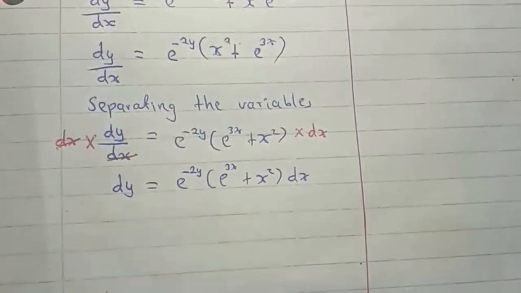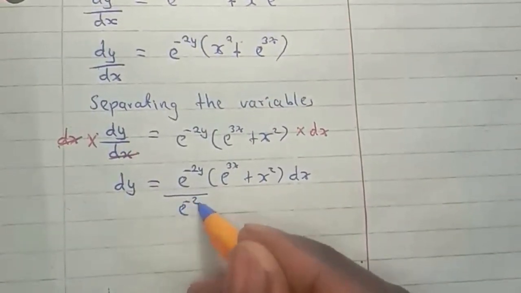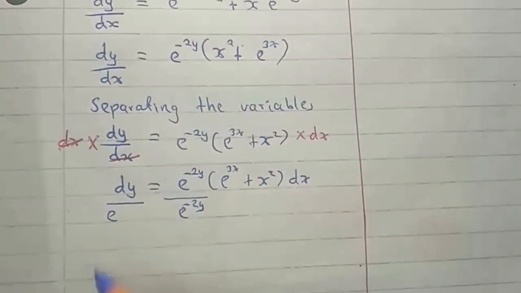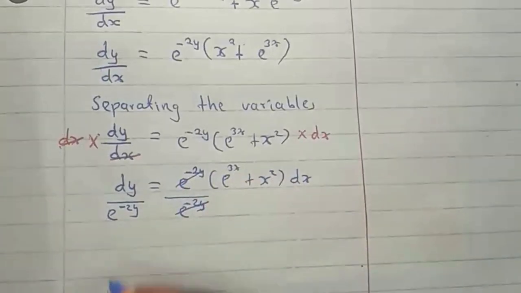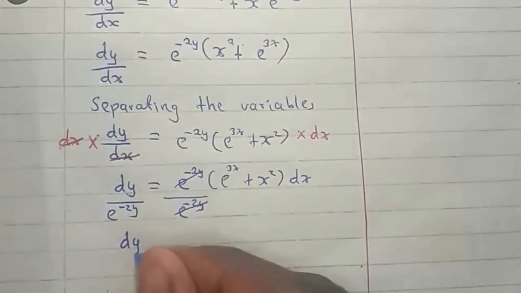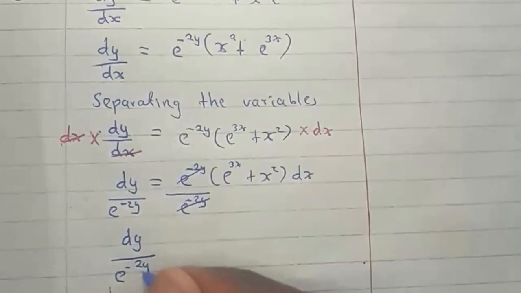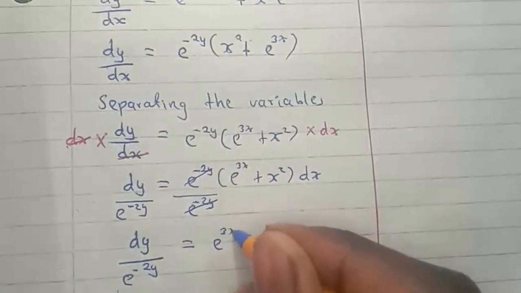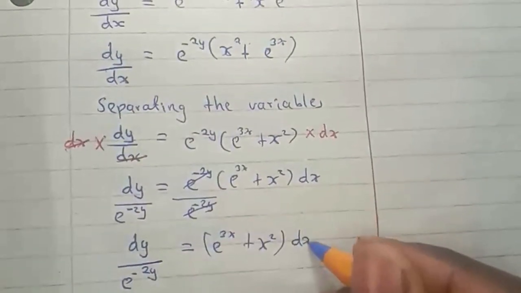We'll remove the part that contains e^(-2y) and take it to the left-hand side. These ones will cancel, so we will have dy / e^(-2y) = (e^(3x) + x²) dx.